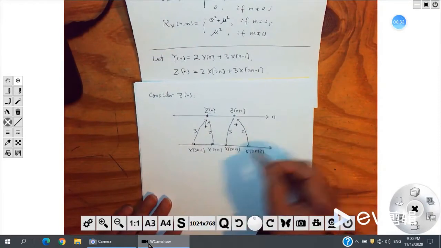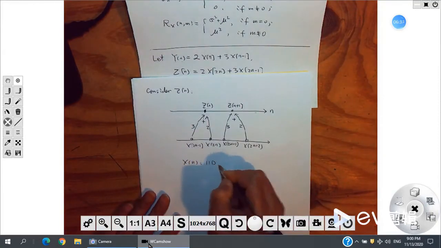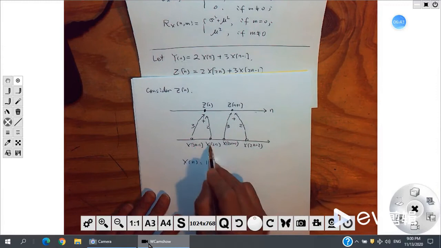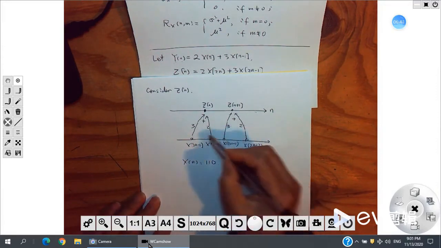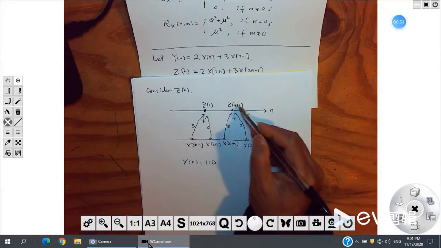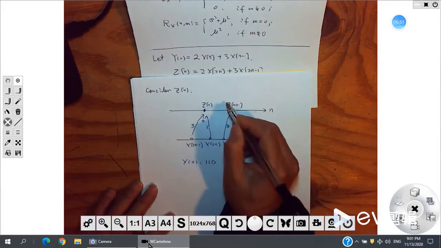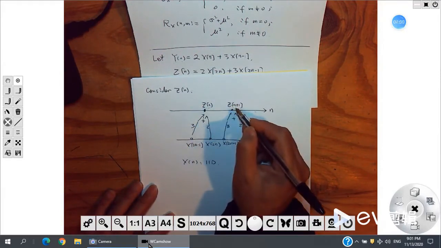And we know x is an IID distribution, so all of them are independent and have the same distribution. Now these two I get z of n, and these two I get z of n plus 1. So obviously they are independent, and they have the same distribution. Make sense?